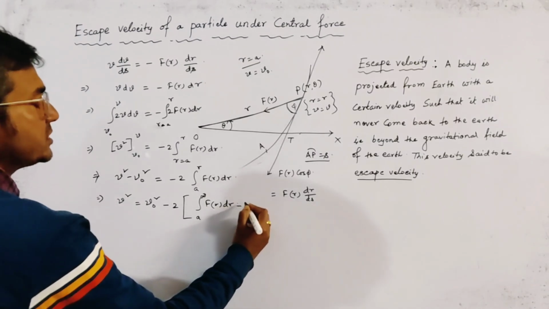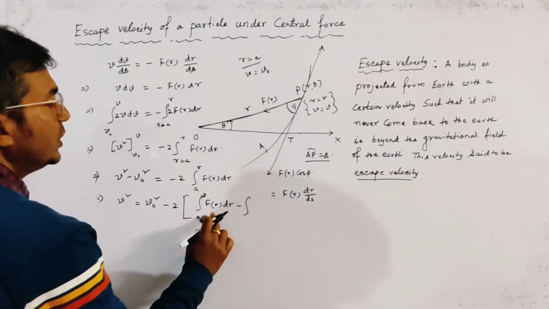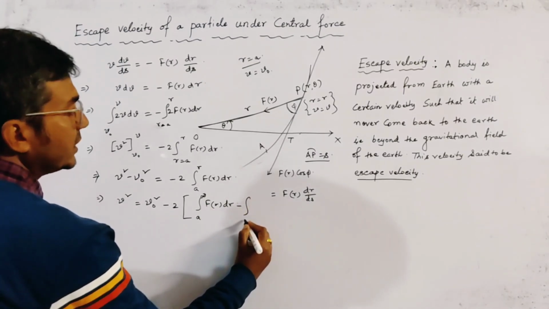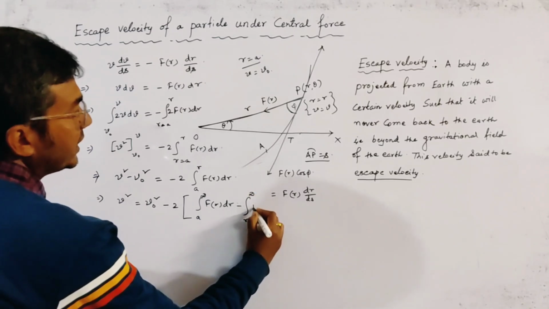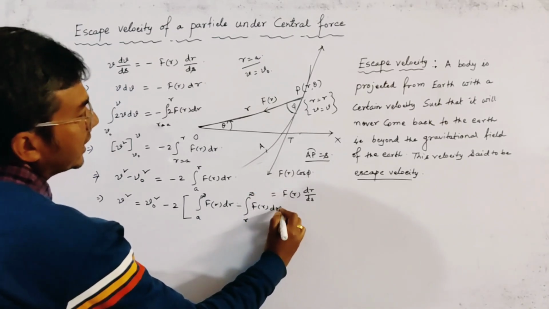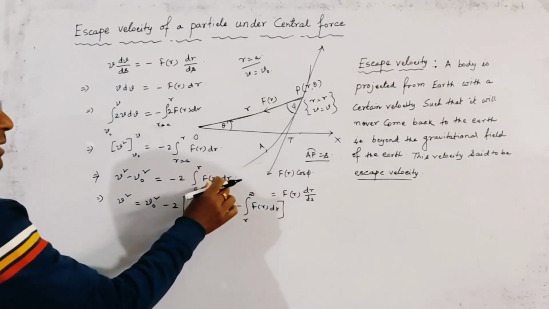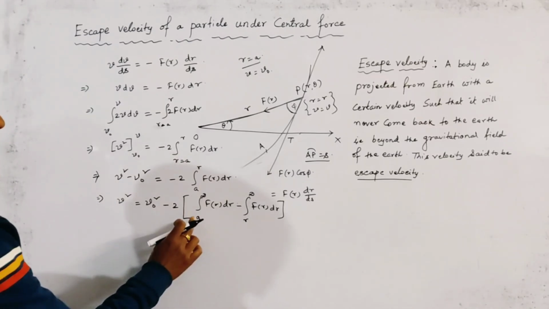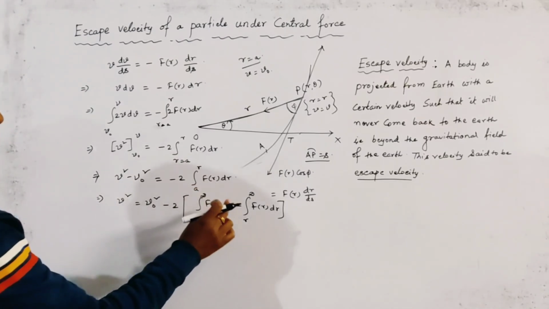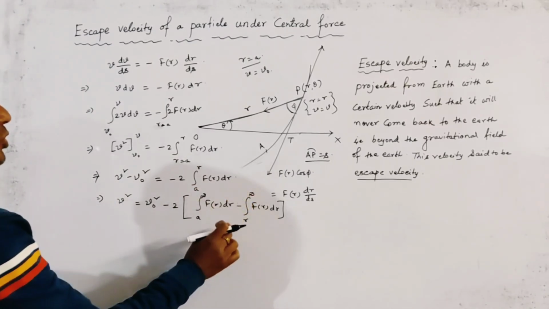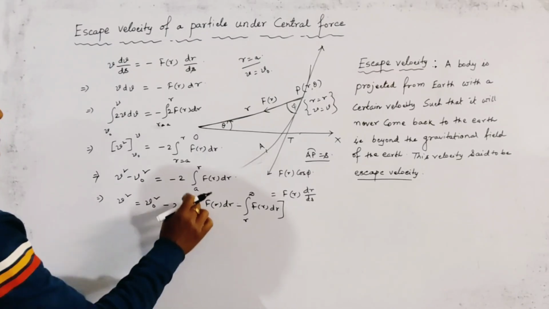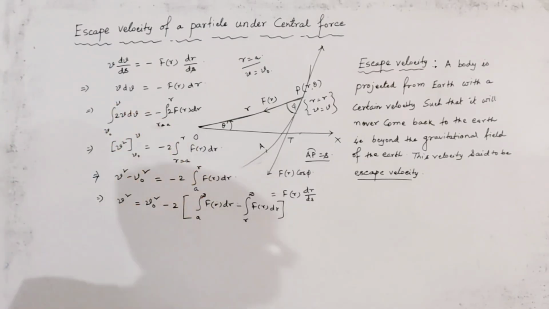We must subtract from this the integral from r to infinity of f(r) dr to get the above line. Here we take a to infinity and subtract r to infinity, so we get the integral from a to r as in the previous line.